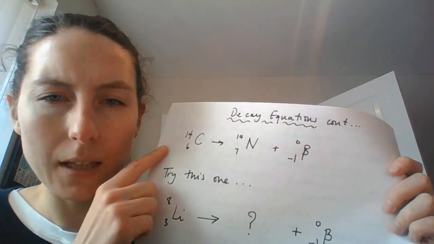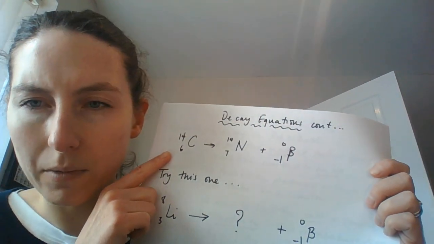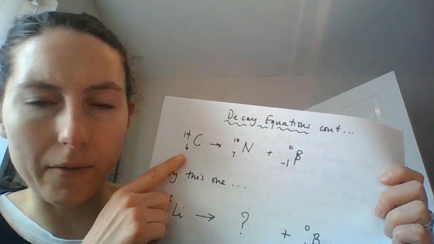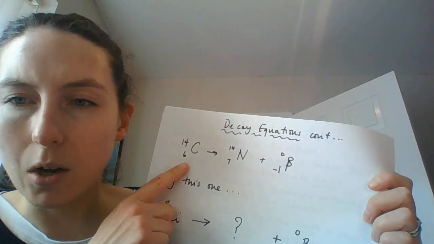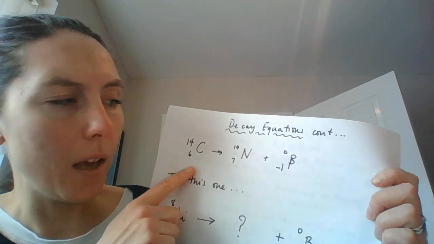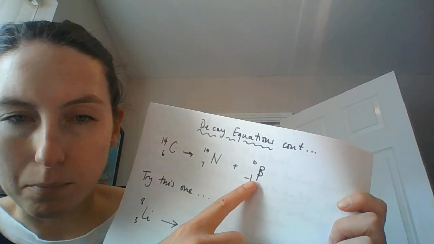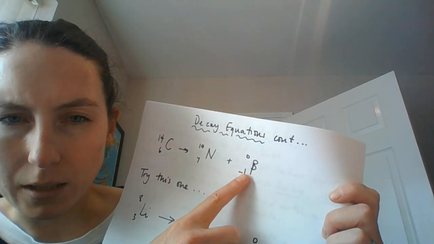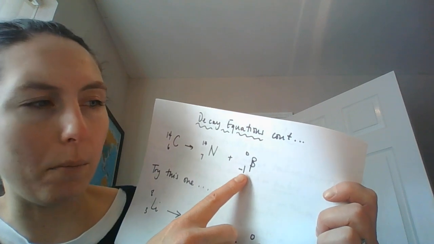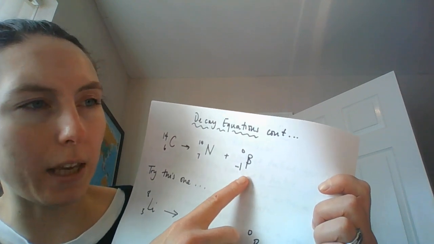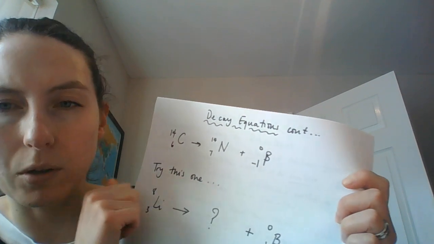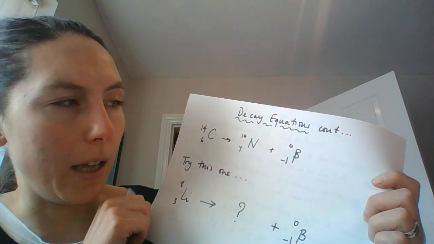We'll now look at beta in terms of a decay equation. And this is carbon-14. In naturally occurring carbon, there's a very, very low percentage of carbon-14, which is radioactive. When it decays, it releases a beta particle from the nucleus, as I said before, by a neutron breaking down, forming a proton and an electron.